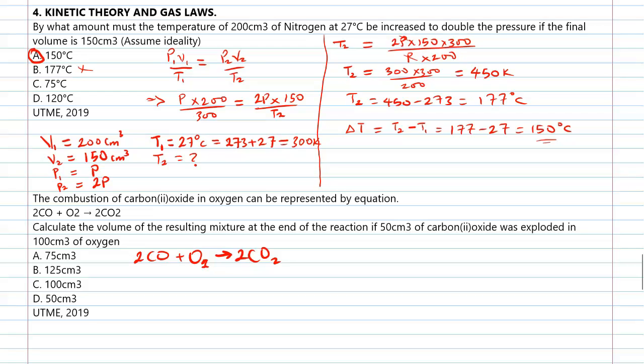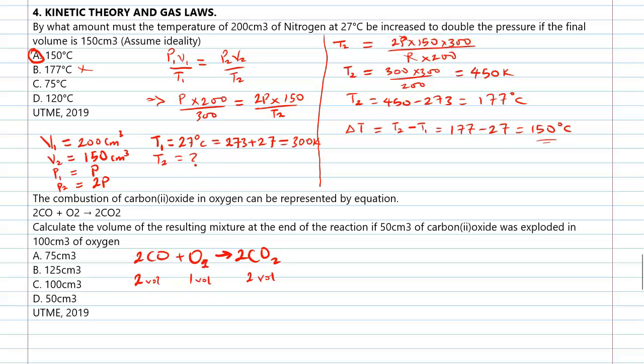Since we are discussing volumes, this is Gay-Lussac's law. 2 volumes of carbon(II) oxide react with 1 volume of oxygen to yield 2 volumes of carbon(IV) oxide.